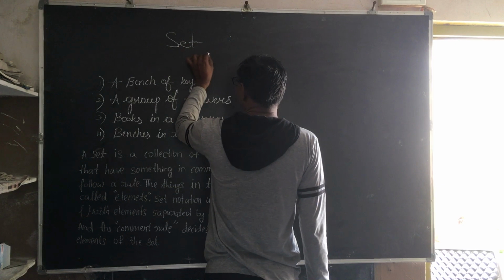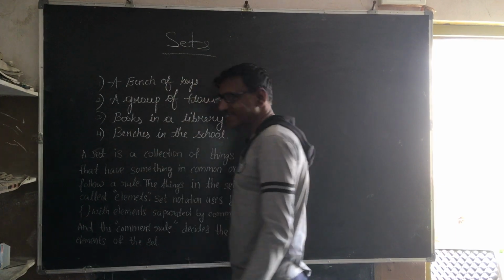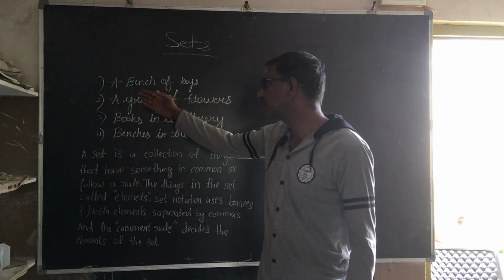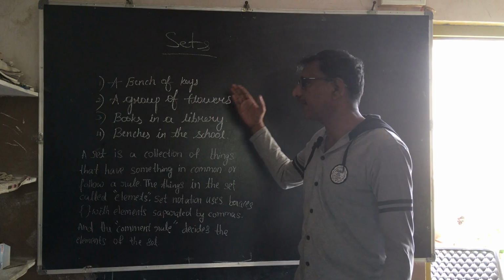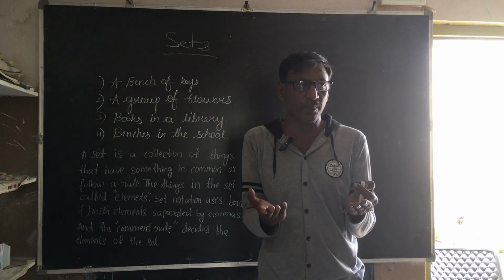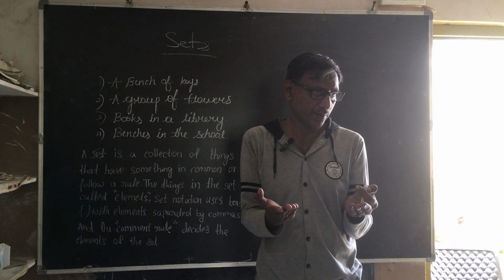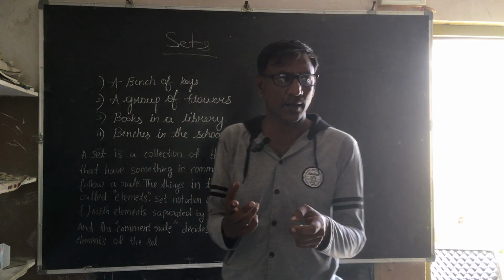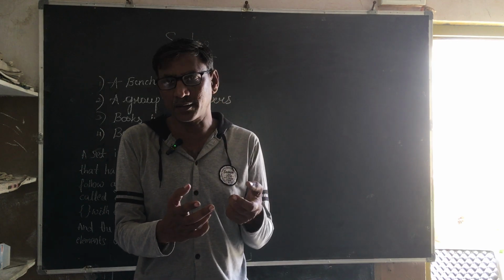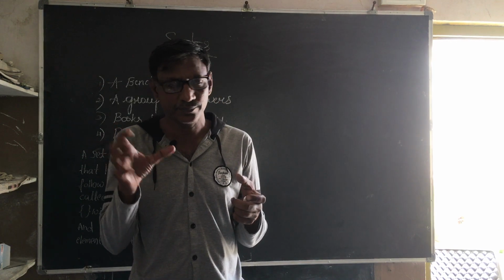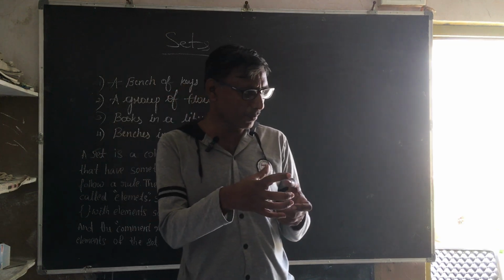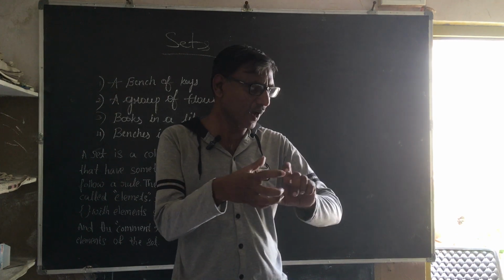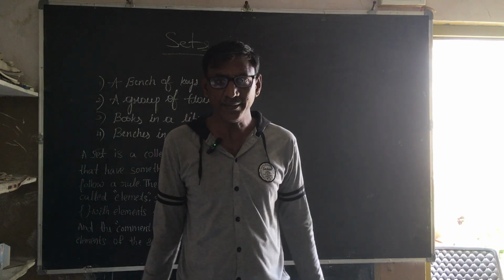I'll try to give a better meaning to sets. Here I gave some examples. A bunch of keys. We already know a bunch of keys. The keys help to open or lock the lock, right?